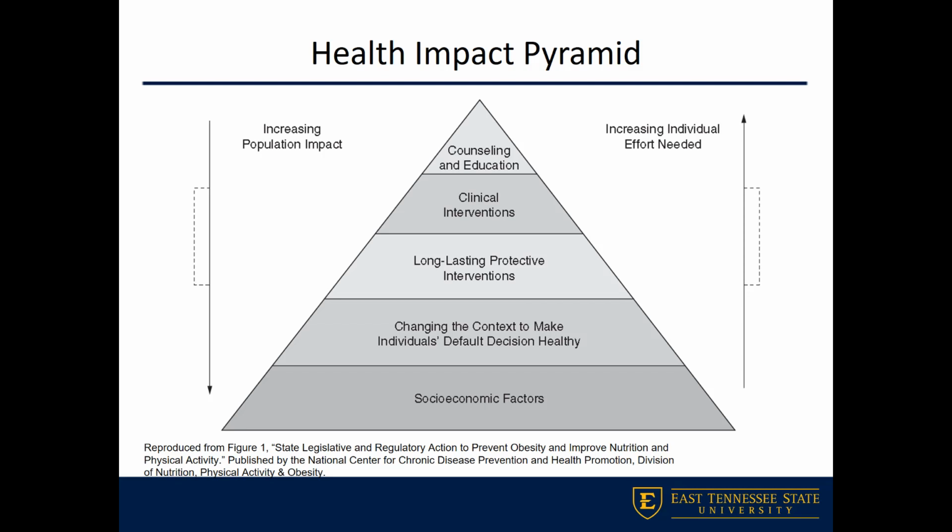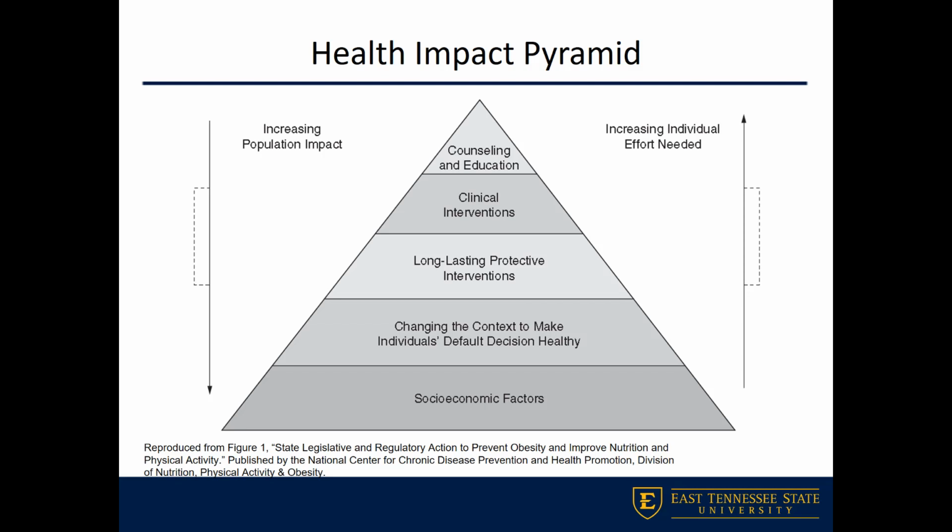The next level up is changing the context. So we do this all the time in public health. And we think of these policies that, for example, if you have a smoke-free campus, that makes it harder to smoke.